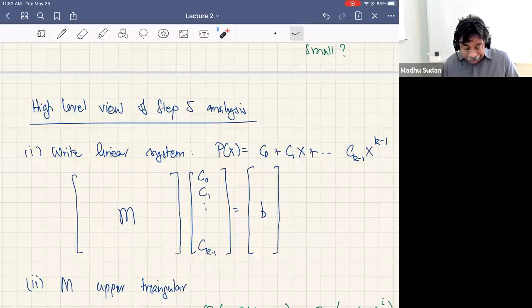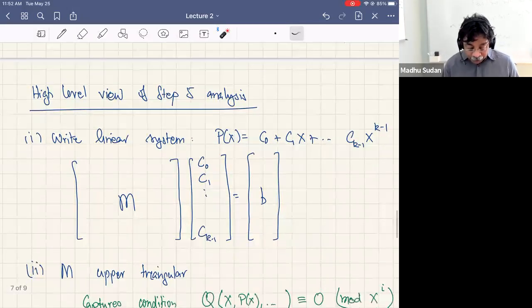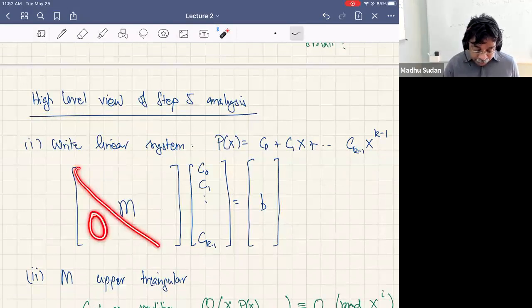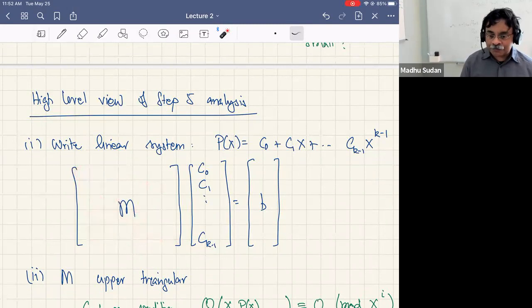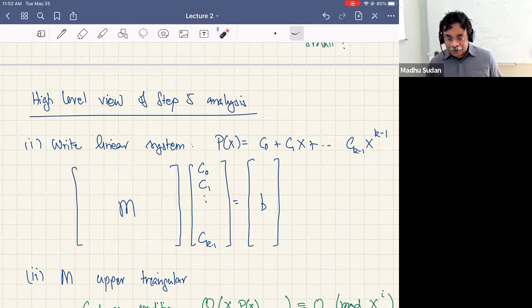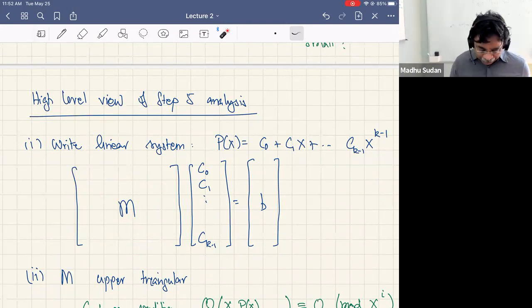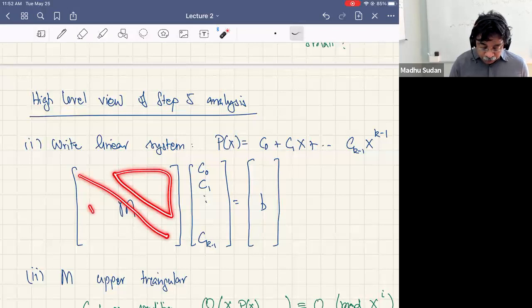Now, this matrix is not totally arbitrary. It turns out it's actually upper triangular. So it looks like 0 below the diagonal and something else above. Depending on how I wrote the rows and columns, it's either upper or lower triangular. It doesn't matter. I'll call it upper triangular. This is very useful.